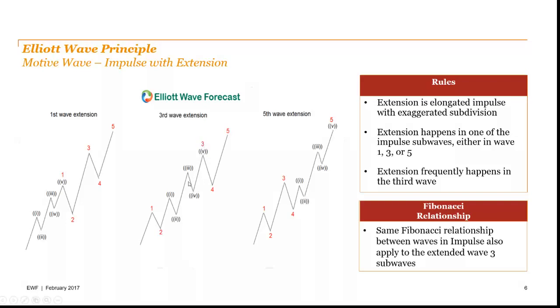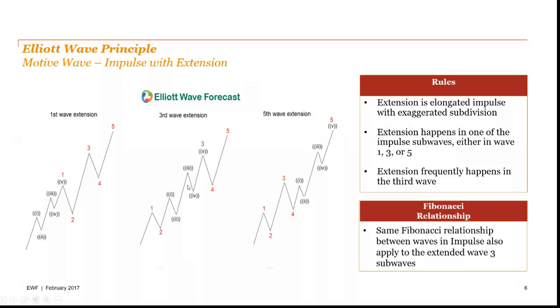Remember, the rule is wave 3 cannot be the shortest wave. That's the rule in the impulse. So as long as wave 3 is longer than wave 1, that's okay, you don't violate the rule. Wave 5 can be the longest one, especially in the commodities market, but as long as wave 3 is not the shortest wave, that's okay.